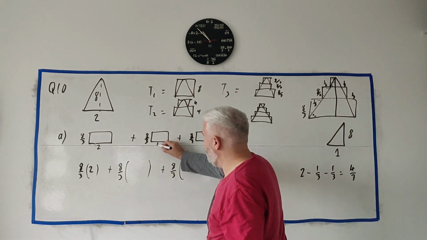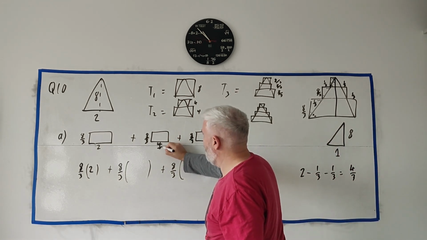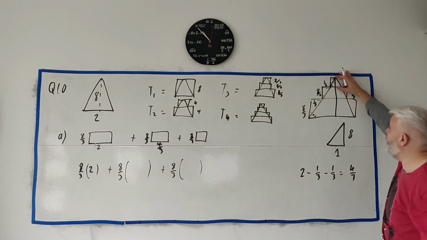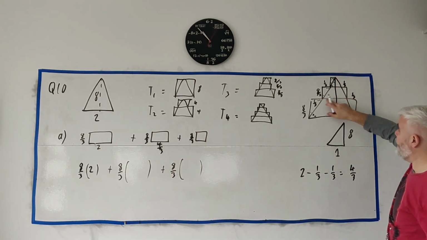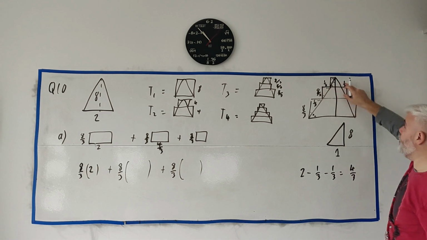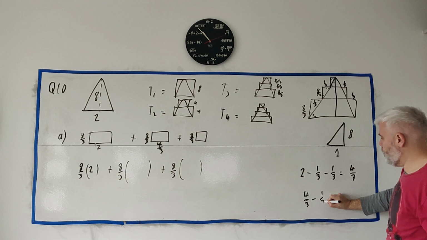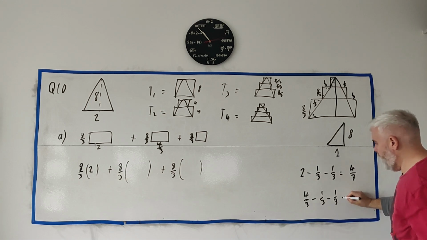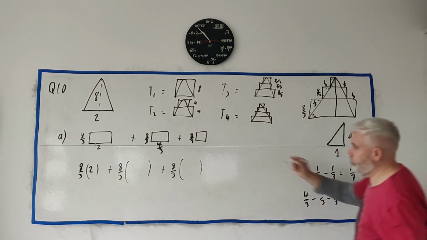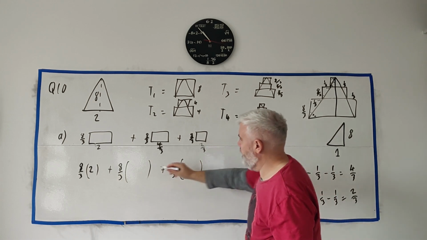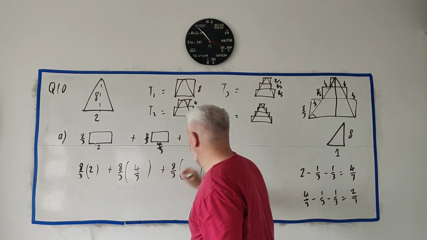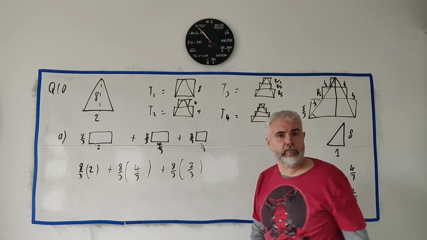So this length here is 4 over 3. And this one again up top here is this length minus 1 over 3 minus another 1 over 3. So it's 4 over 3 minus 1 over 3 minus 1 over 3, which is 2 over 3. This is 2 over 3. This is 4 over 3 in here. It's 2 over 3 in here.